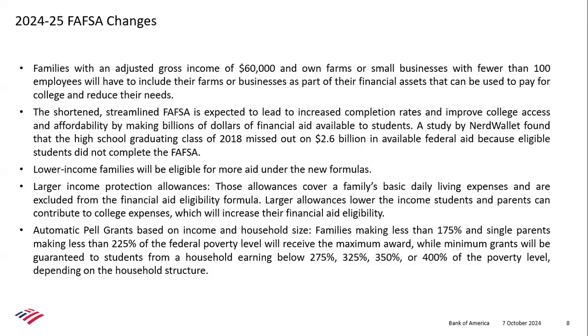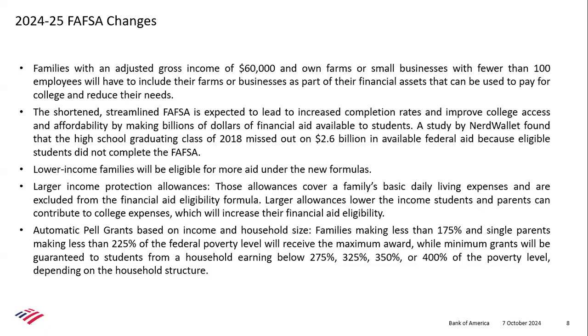Basically, in a nutshell, lower income families will be eligible for more aid under this new formula. Larger income protection allowances. What that means is those allowances cover a family's basic needs, daily living expenses. Those are excluded from the financial aid eligibility formula. So, yes, I have this much money. This is my income.